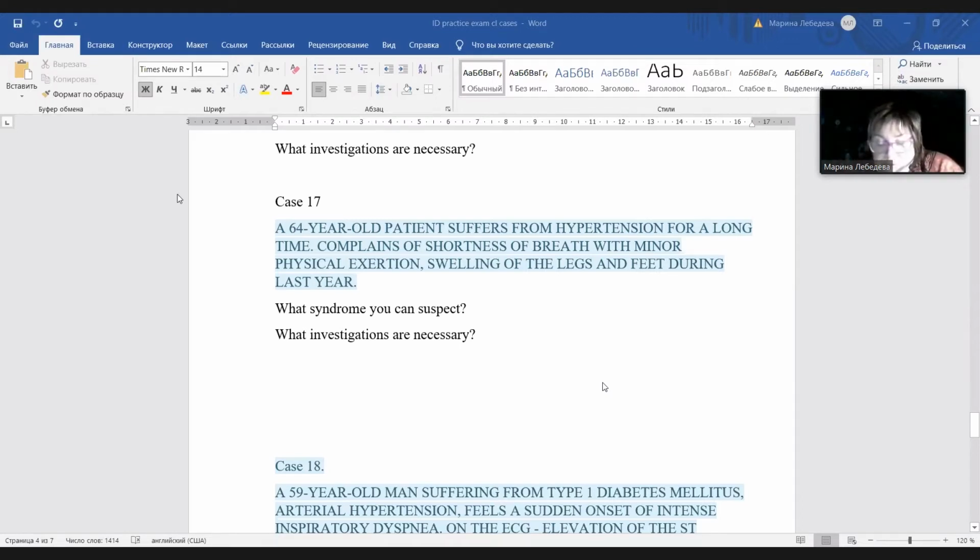It is necessary to perform ECG, echocardiography. All the tests we have mentioned in the previous clinical case, but not of the emergency block. First of all, we need brain natriuretic peptide. It is a marker for heart failure. It doesn't matter acute or chronic.